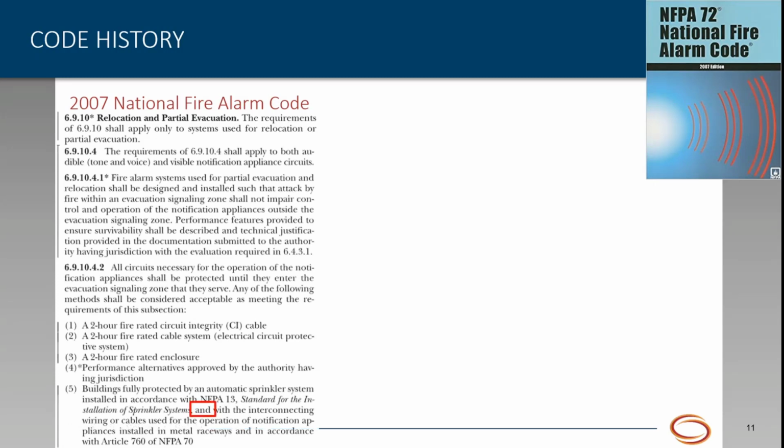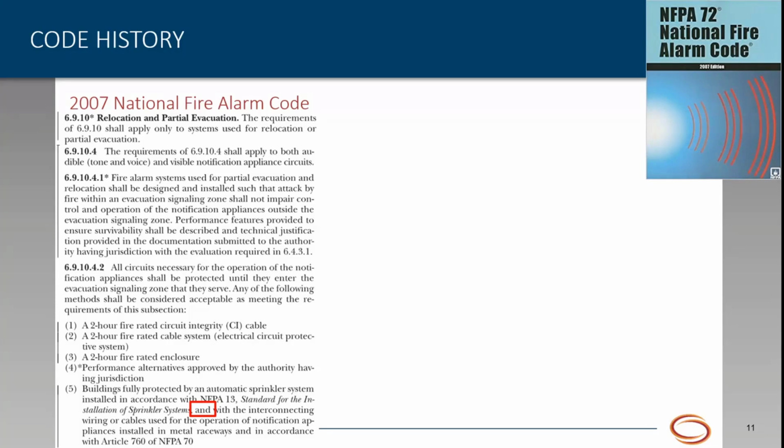Suddenly, instead of our 2 options and a performance alternative, we have it expanded out to these 5 options. And we also see for the very first time reference to circuit integrity cable or CI cable. This is the first reference in NFPA 72 to that term, and it's a term we use today.